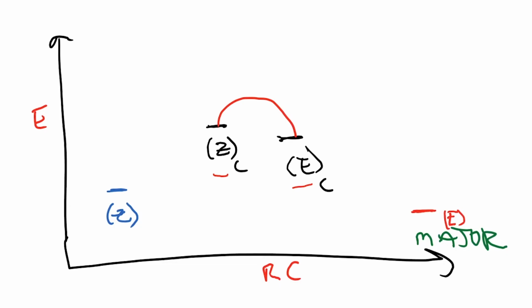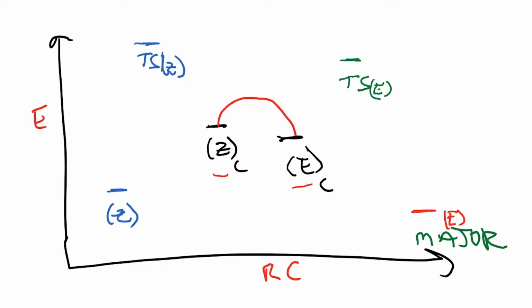So in order for the rate to be higher, what we can propose is that the transition state leading to the formation of the E product is lower in energy when compared to the transition state leading to the formation of the Z product. Okay, so given that the rate of formation of E is substantially higher than the rate of formation of Z, this may be reasonable to propose.